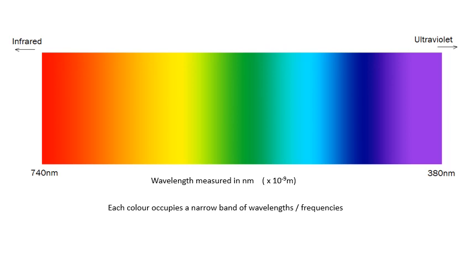Red has the biggest wavelengths and it has the smallest frequencies. Any wavelength bigger than red, you're going into infrared, which is invisible. Any wavelength which is smaller than violet, you're going into ultraviolet, which is invisible, at least to us.